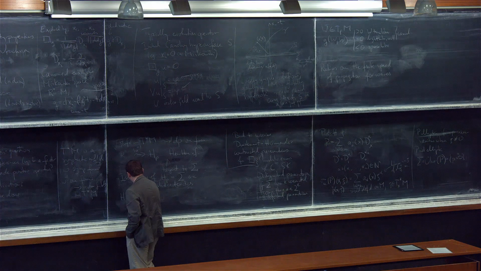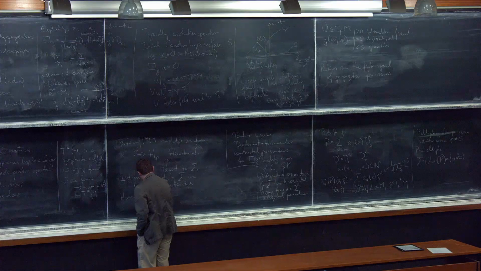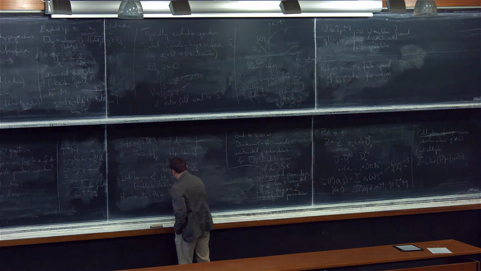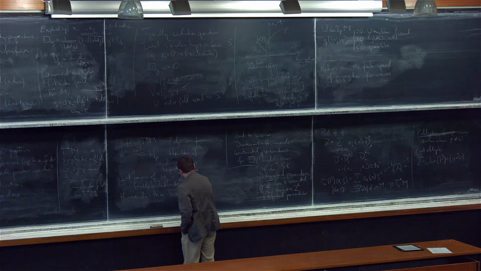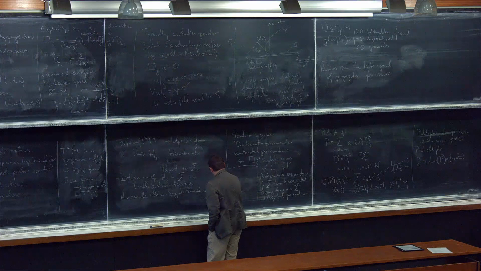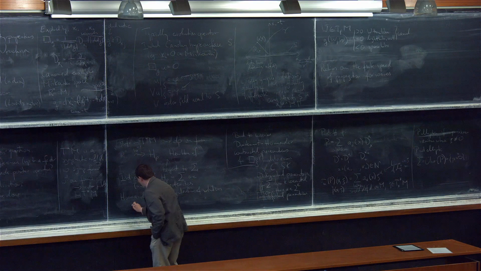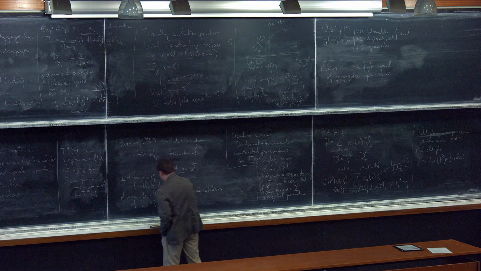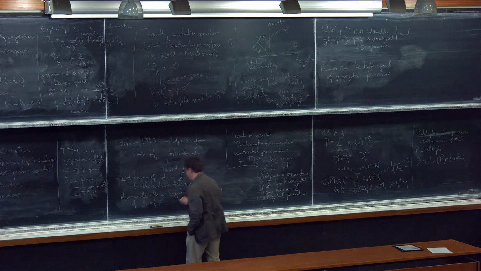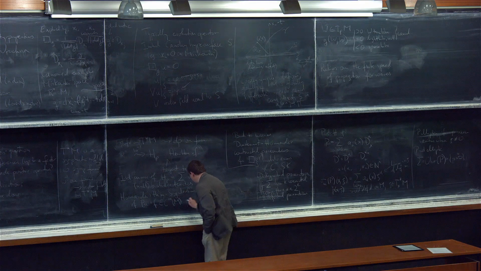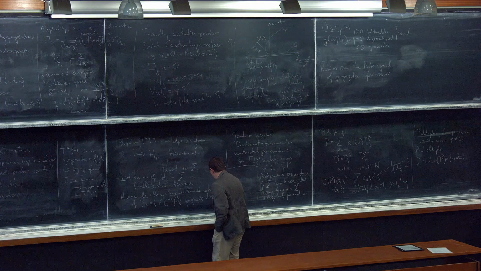So Hörmander's theorem is that singularities of solutions of, say, Pu equals 0 or Pu equals f, which is saying there's much better ways of saying things, but let me just say it this way, propagate along bicharacteristics.